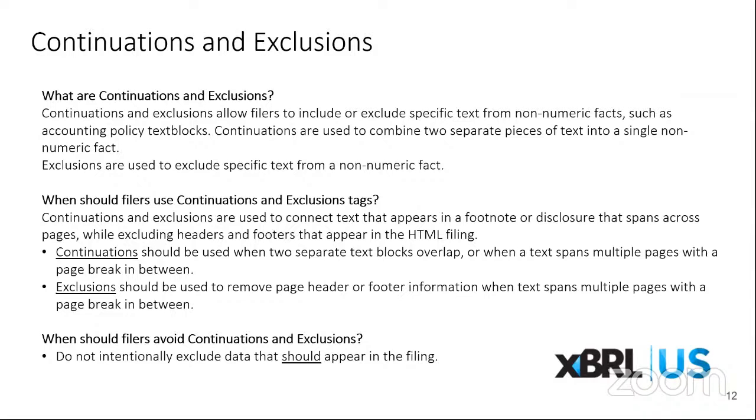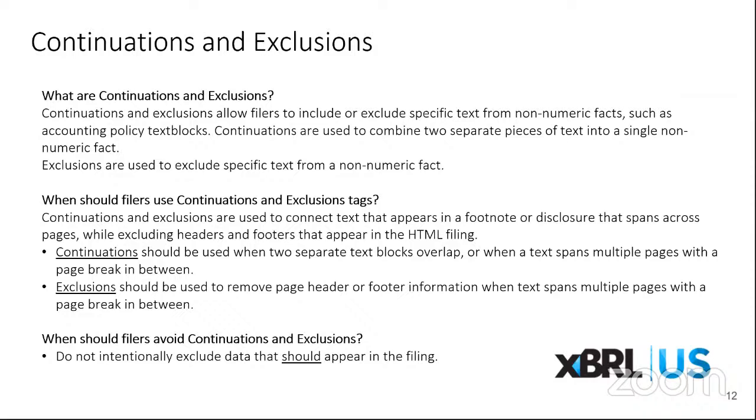So using continuations allows you to do more complex formatting. Exclusions are kind of simpler than that. They allow you to just say this specific piece of text should not be used. And that's generally used with headers and footers, or if you have spacer paragraphs between two paragraphs and you want to exclude this from the actual XBRL document.